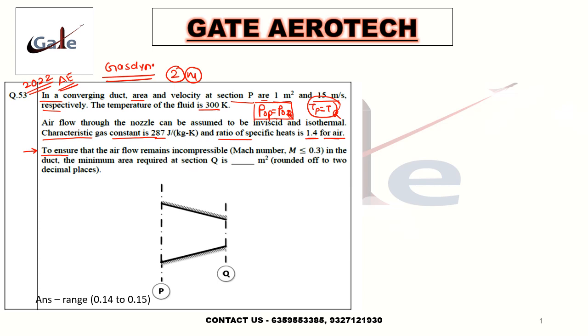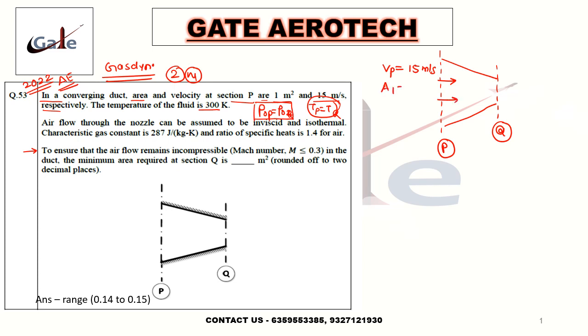Okay, let's understand what they are asking first, then we will try to understand it in our way. They have given the simple converging nozzle. I hope you know this is the converging shape of a nozzle, and they have given the station number P and the station number Q. Now they have given the velocity at station P, which is 15 meter per second, entering inside it, and the area at P, which is 1 meter square.